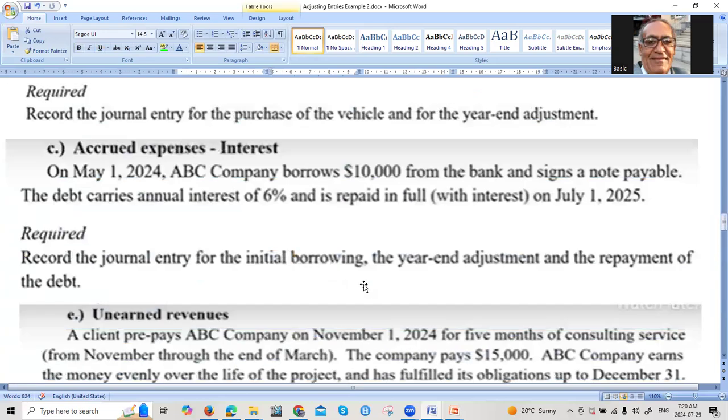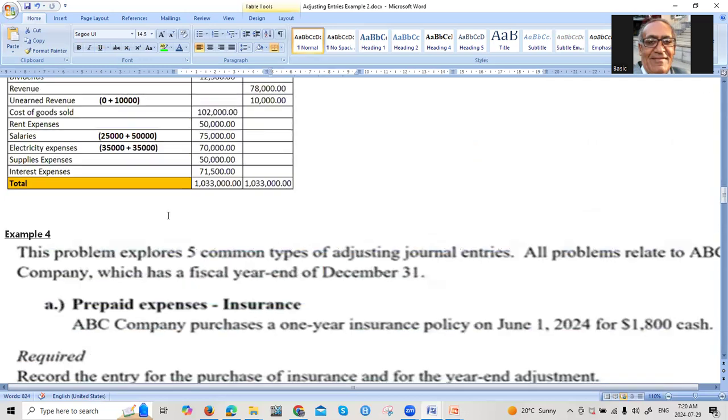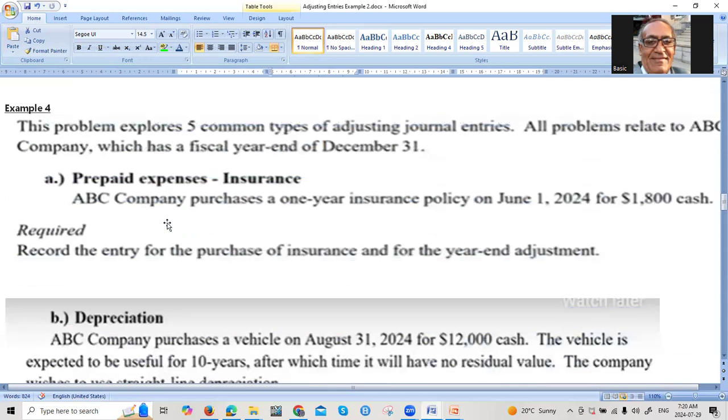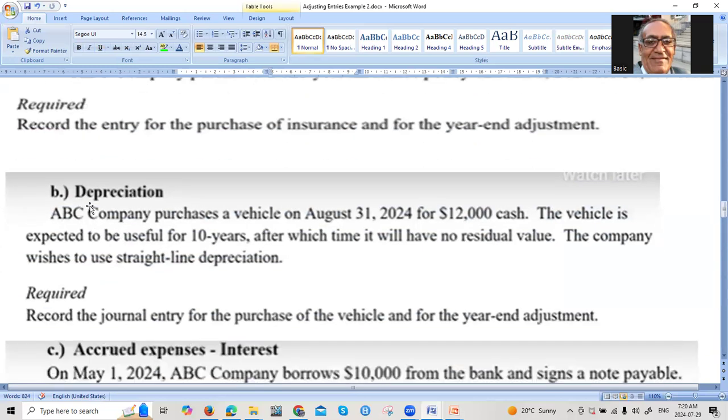Second thing, the second type of journal entries, the adjusting entries, is the depreciation. What about the depreciation? Here we said a company purchased a vehicle on August 31.